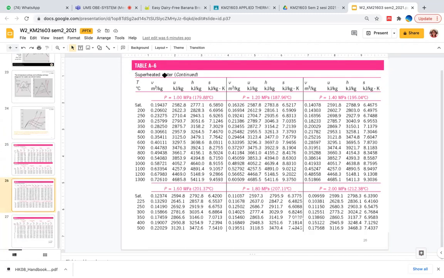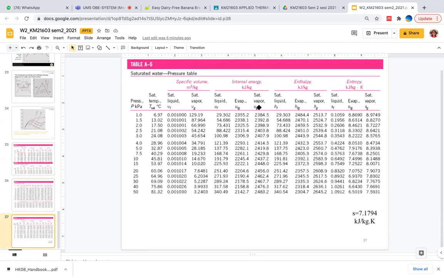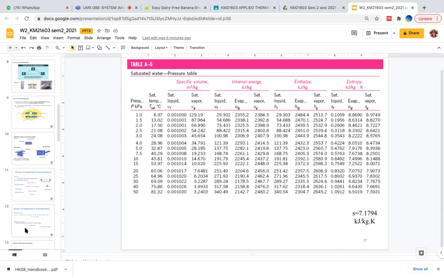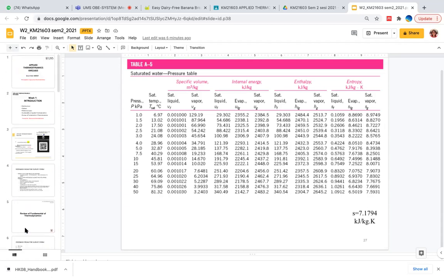And this is the superheated water table, and again, S is the entropy. Basically, for this semester, we are going to deal with entropy a lot. So try to have a look at it in your reference book, and I'll see you next week.